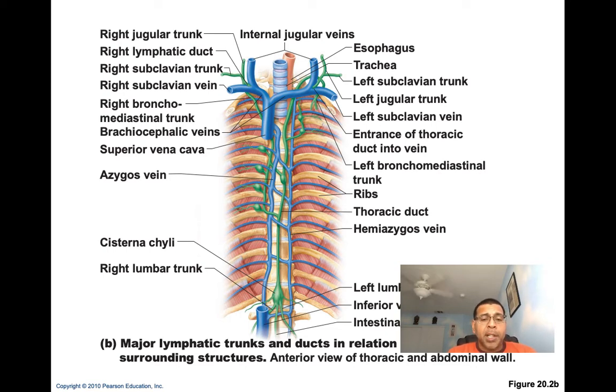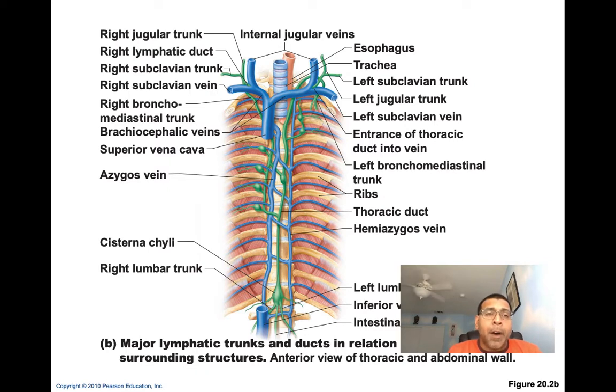The next cell population you have to know about is dendritic cells. They also play a role in protection by capturing antigens and bringing them back to the lymph nodes. And then your reticular cells. We have a couple of different types.